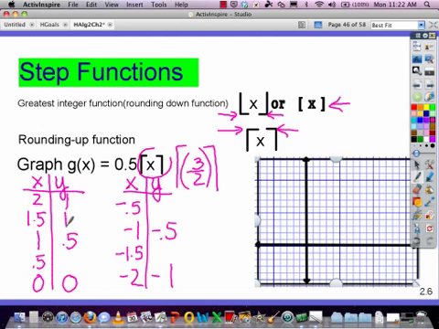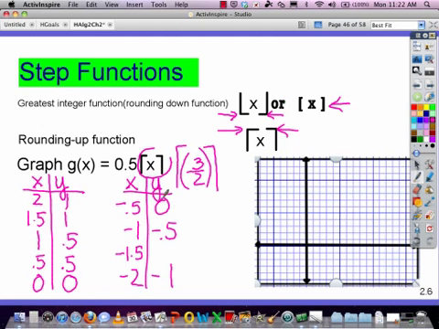Then go to the 0.5, or 1/2 again. Rounding up function becomes a 1. Half of 1 is 0.5. Negative 0.5, rounding up, remember up is to the higher, would make that a 0. Half of 0 is 0.